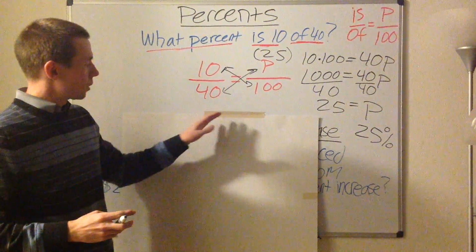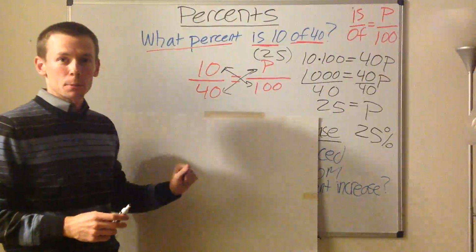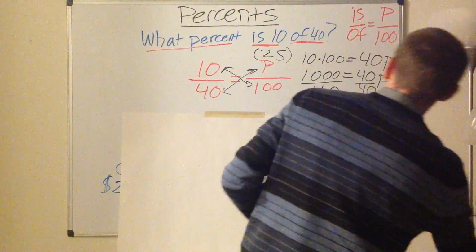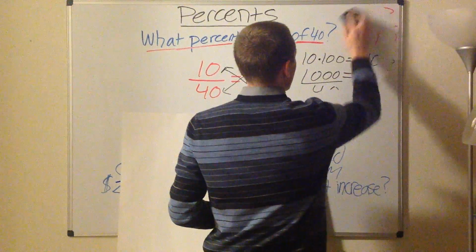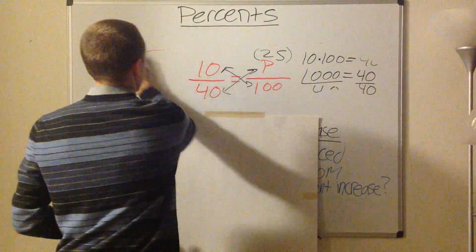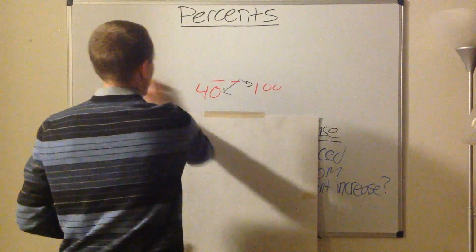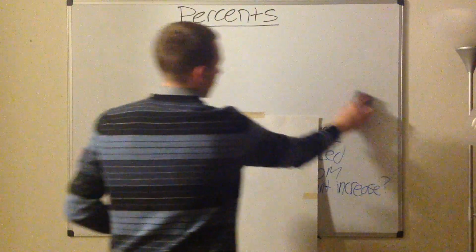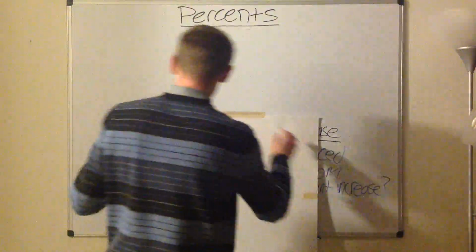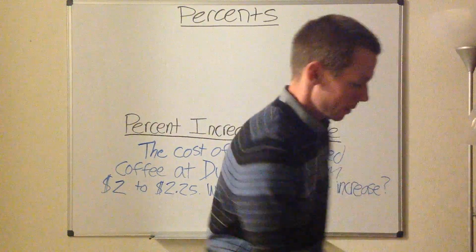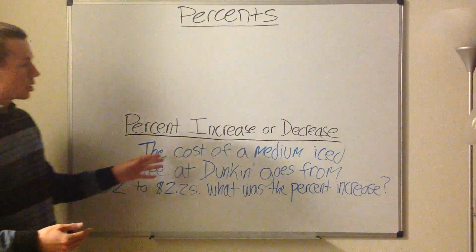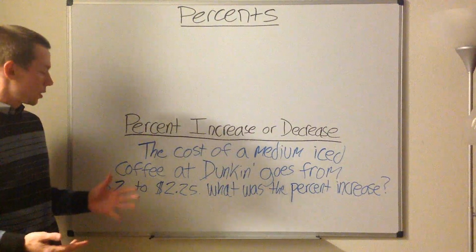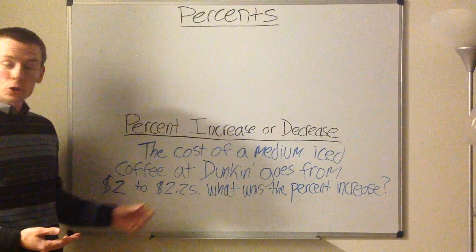Okay. All right, now I want to look at a percent increase and decrease problem. Imagine the cost of a medium iced coffee at Dunkin' Donuts goes from $2 up to $2.25.